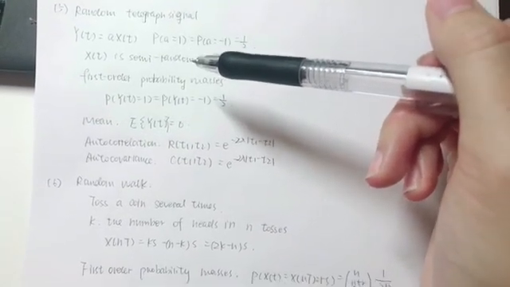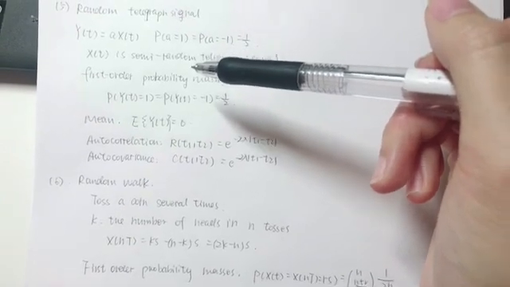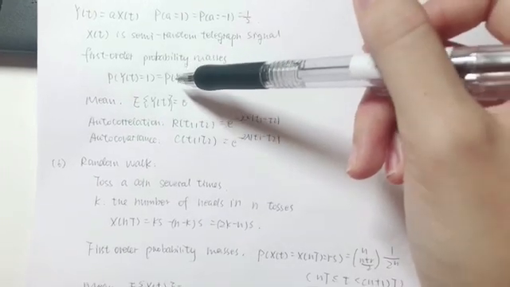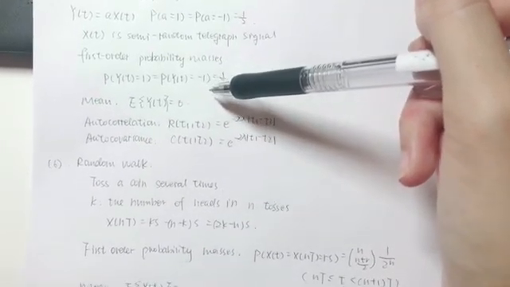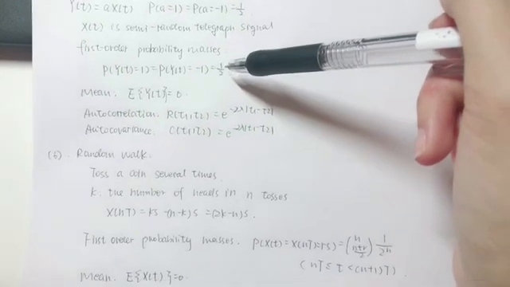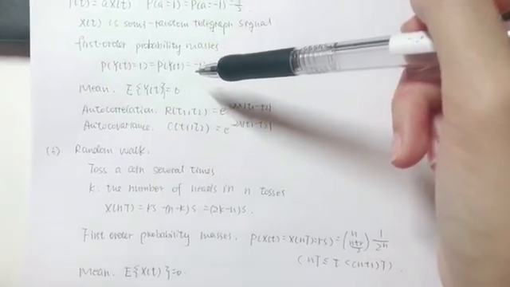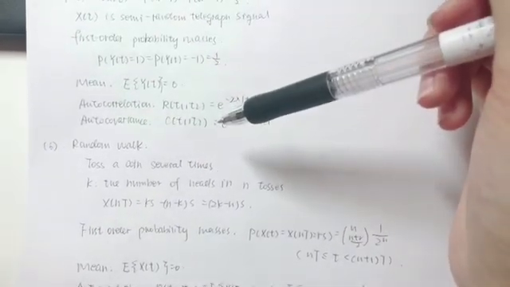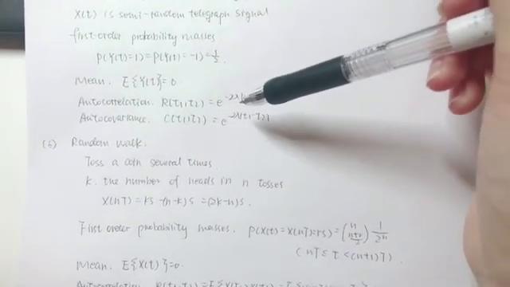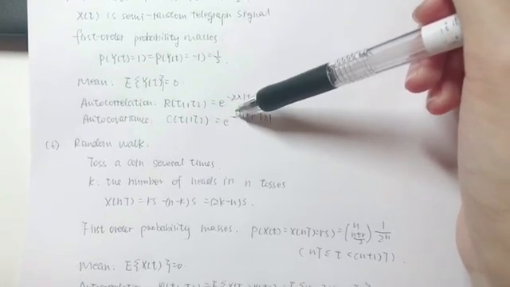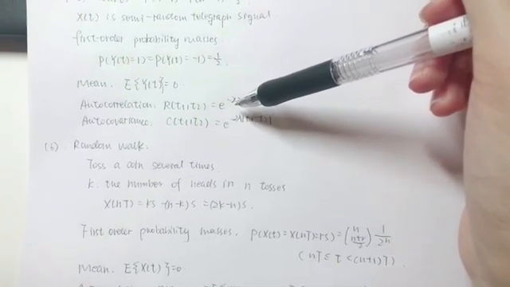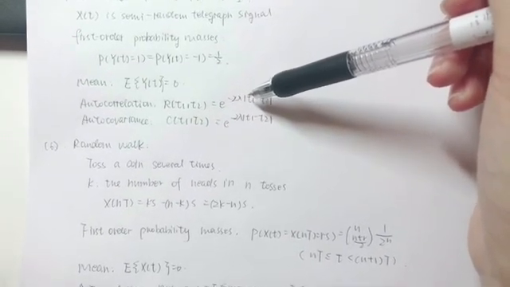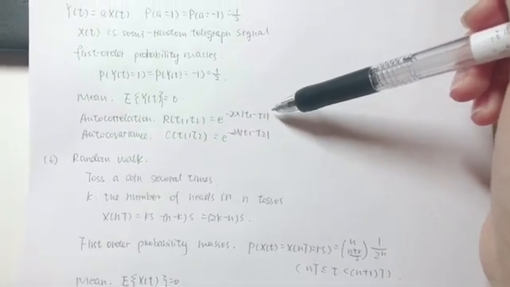The first order probability mass of the process is p of y of t equals 1 equals p of y of t equals minus 1 equals 0.5, and the expectation of the process equals 0, and the autocorrelation and the autocovariance are both e to the minus 2 lambda times the absolute value of t1 minus t2.